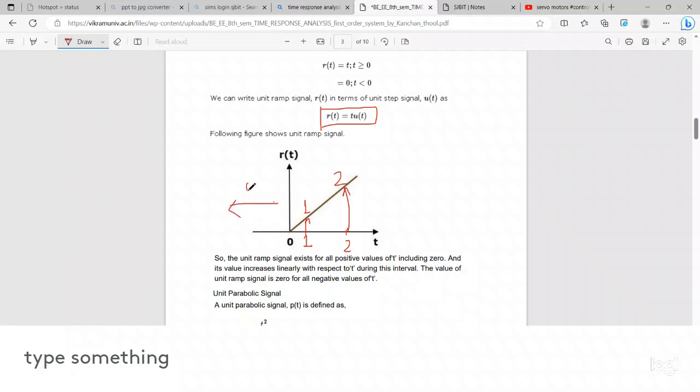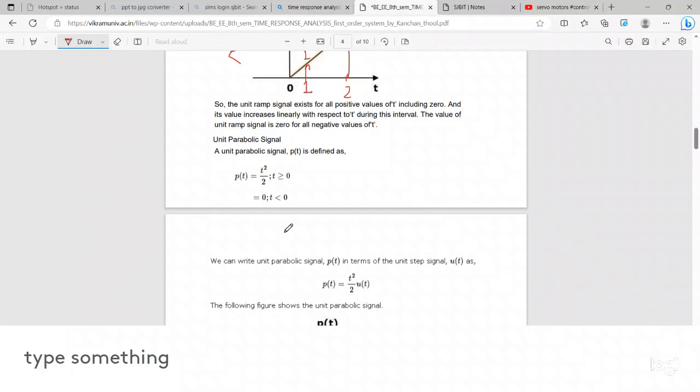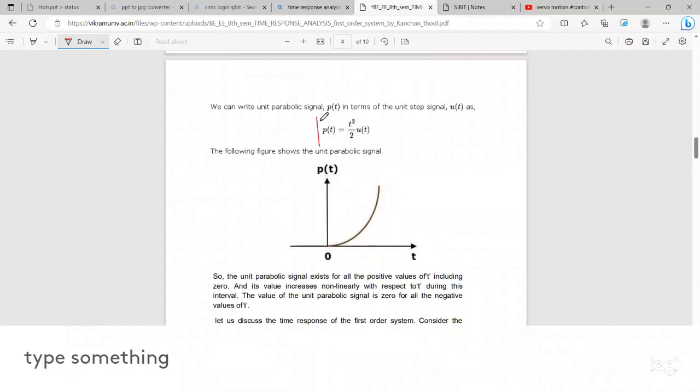Then the parabolic input, that is t square by 2 whenever t is greater than or equal to 0, and 0 whenever t is less than 0. The representation of the parabolic input is p of t equal to t square by 2 into u of t. At t equal to 0 the entire thing is 0.